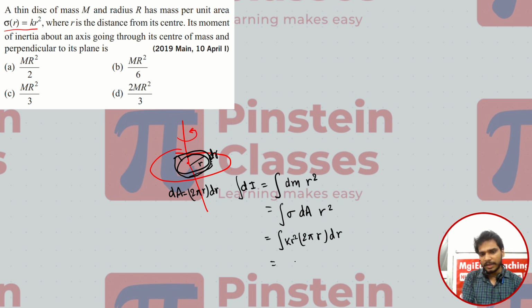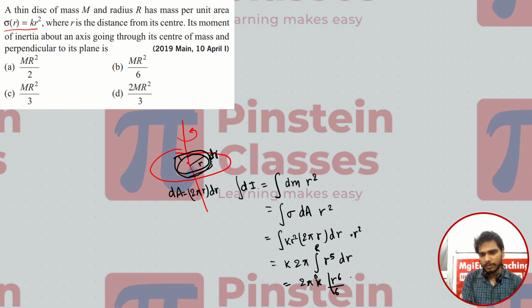We will take k and 2 pi outside of this integration, and r square times r, that is r cube, will be left inside the integration times dr. This will be 2 pi k r to the power 4 upon 4, and the limit will go from 0 to r.